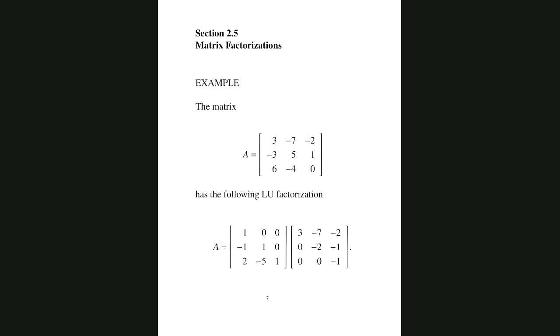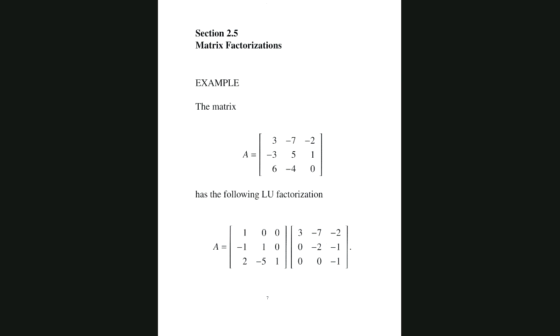We call the matrix on the left a lower unit triangular matrix because there are ones along the diagonal. Now, the matrix A has this factorization.